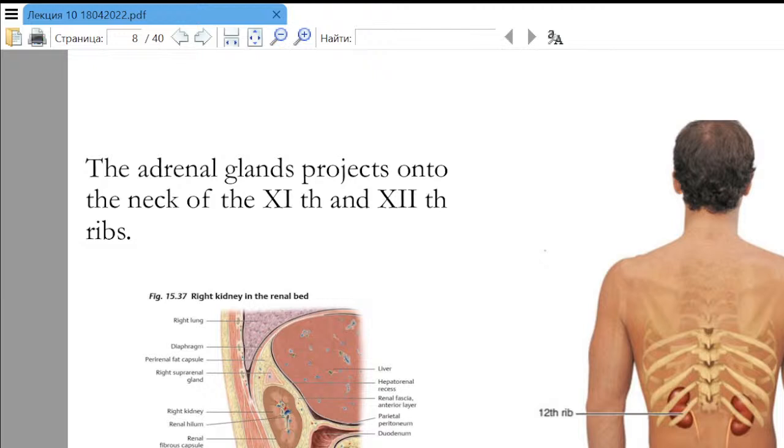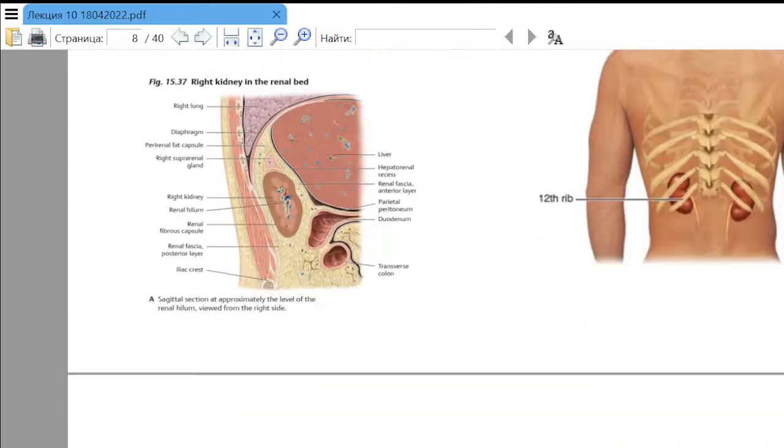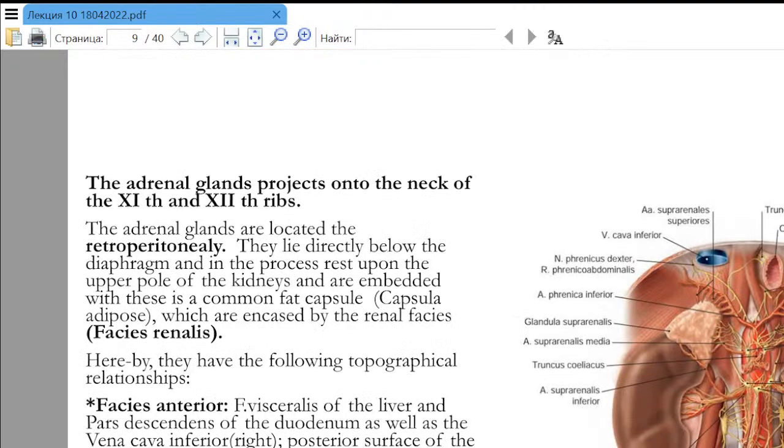This gives the kidney, right kidney. The adrenal glands are located retroperitoneally.